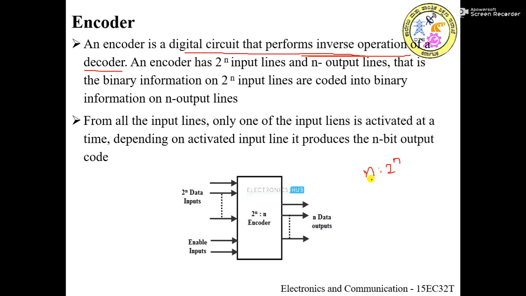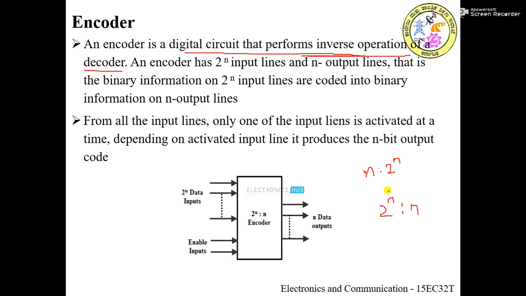That is, the information on n input lines was decoded on the 2 to the power of n output lines. But this performs the inverse operation. The encoder performs the inverse operation in the sense that it will have decoded information on the 2 to the power of n input lines, which is encoded on the n output lines.